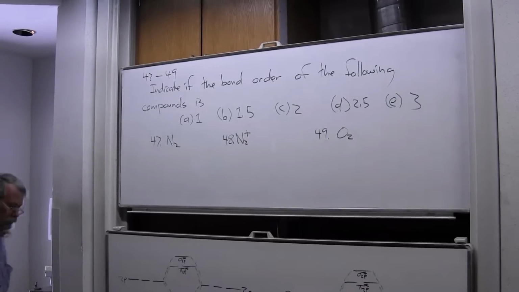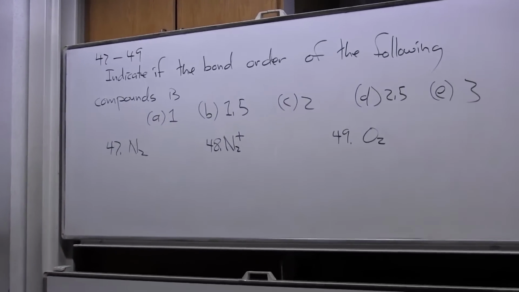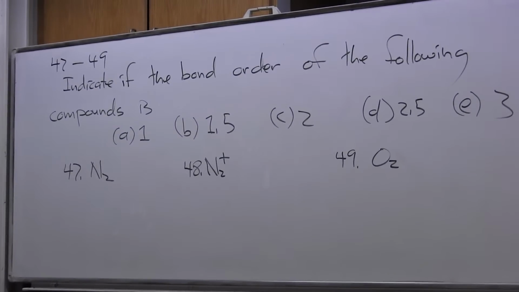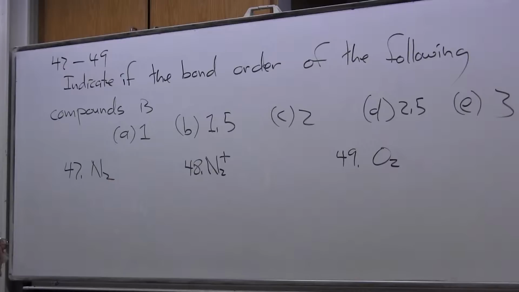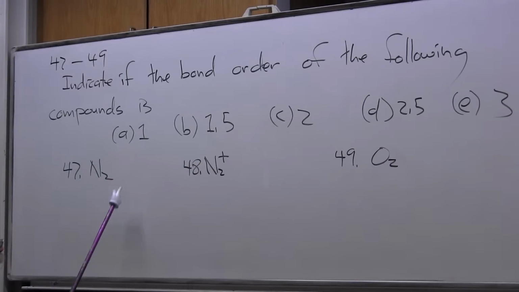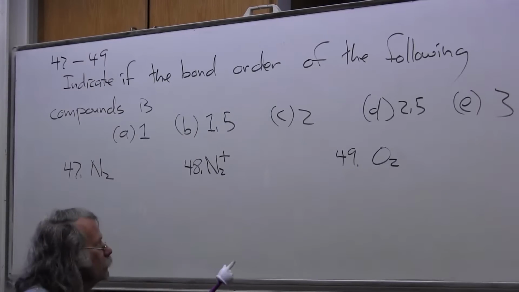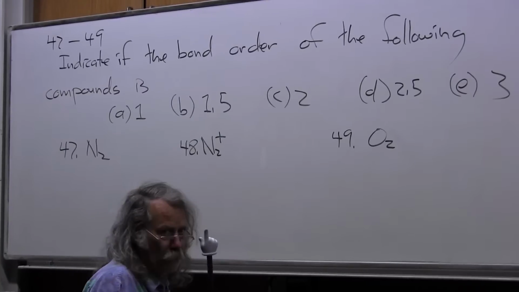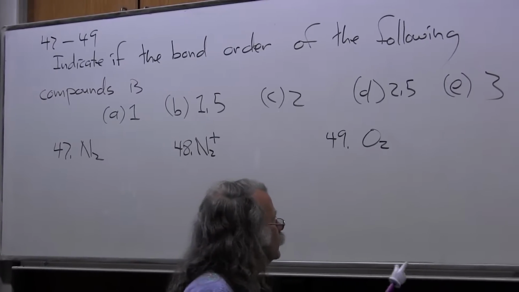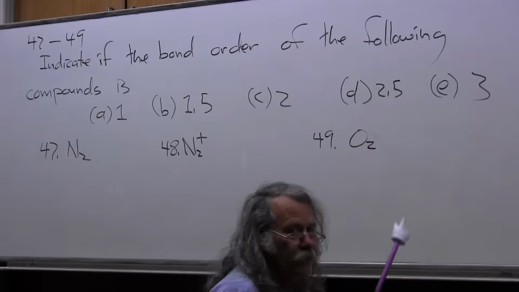This is practice midterm number 3, problems 47 through 49. And the question is, indicate if the bond order of the following compounds is A, 1, B, 1.5, C, 2, D, 2.5, or E, 3.